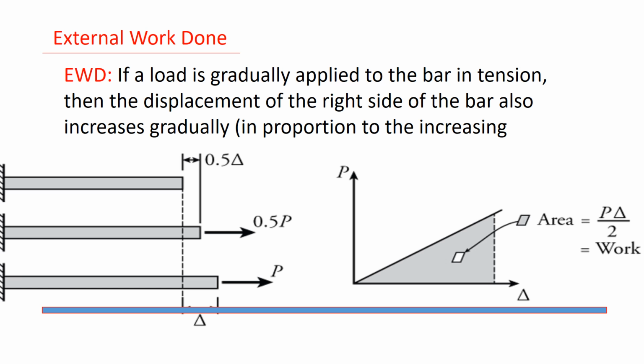This strain energy can also be called internal work. The total strain energy in a simple bar that is deformed axially by a force that gradually increases from 0 up to a maximum force P, as we can see from the drawing, is equal to P delta over 2, where delta is the actual deformation of the bar.